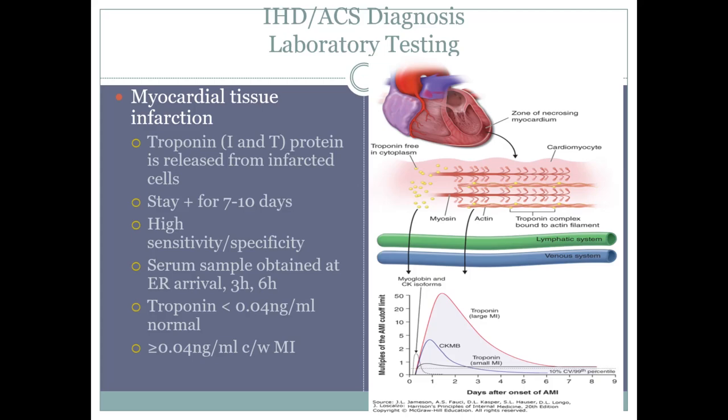So if you, for example, have an EKG that says the ST segment is depressed, so it's either just ischemia or there's an infarction that's non-ST elevated, troponins will help you determine which is going on, okay? So if your troponins are normal, that means you're just having some ischemia, and you haven't had any actual infarction and dead tissue inflammation.